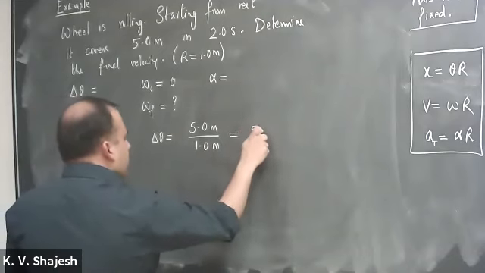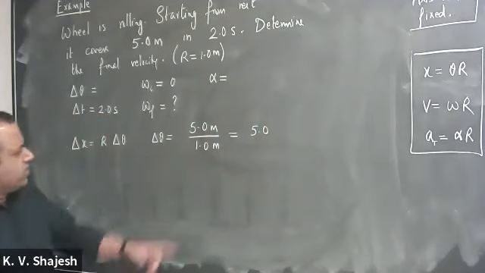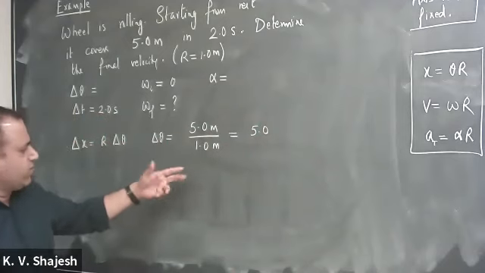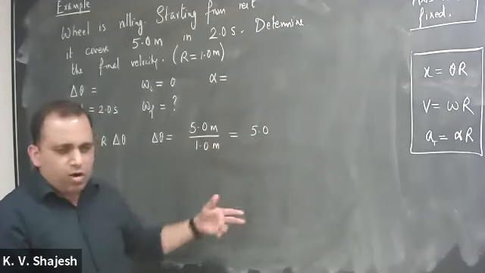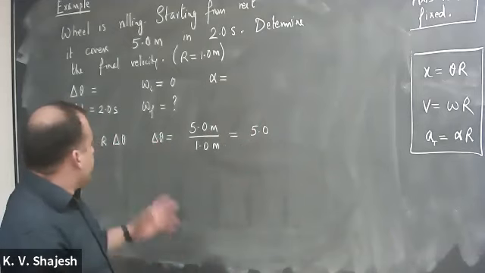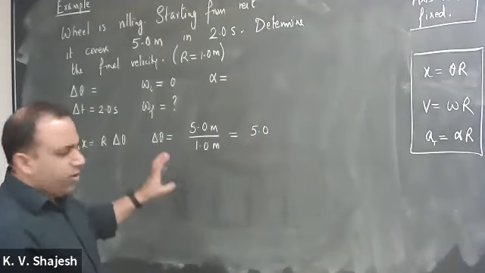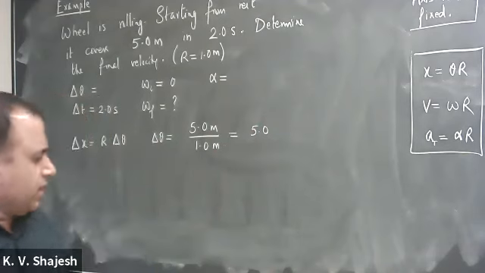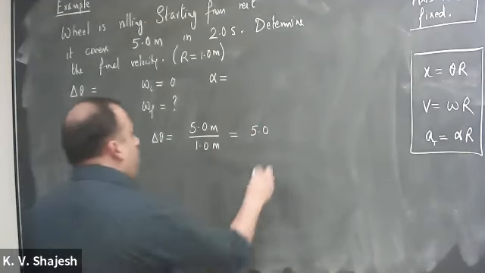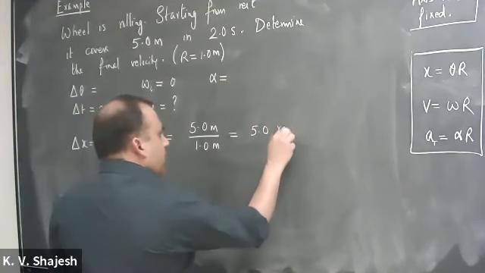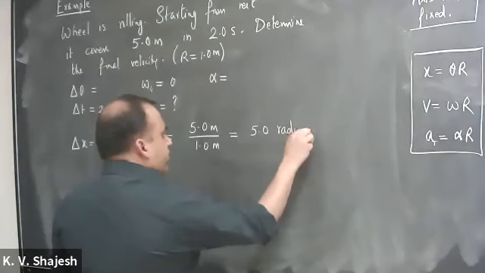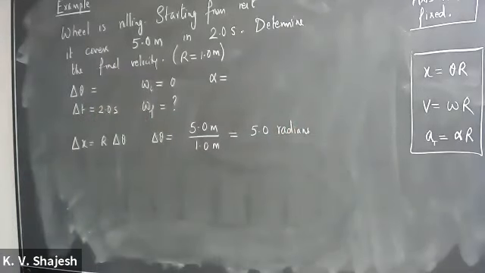Since we don't write any units here, this could be a little confusing. How do I know whether it is radians or degrees? Whenever an angle shows up in an equation in an explicit manner, it always has to be in radians. Even if you're given the question in degrees, you have to convert it into radians.